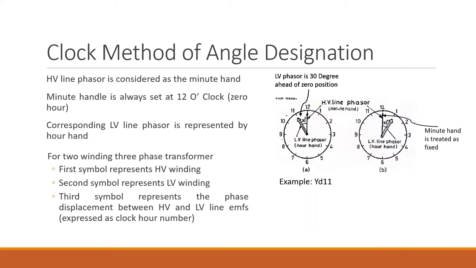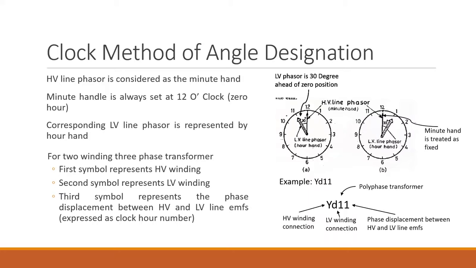Now suppose you have a two-winding three-phase transformer. In this example we have considered YD11. The first symbol represents the HV winding. The second symbol, here D, represents your LV winding, and the third symbol basically represents the phase displacement between LV and HV line EMF. So the first symbol is the HV winding, the second is the LV winding, and the third is the phase displacement between HV and LV line EMF.